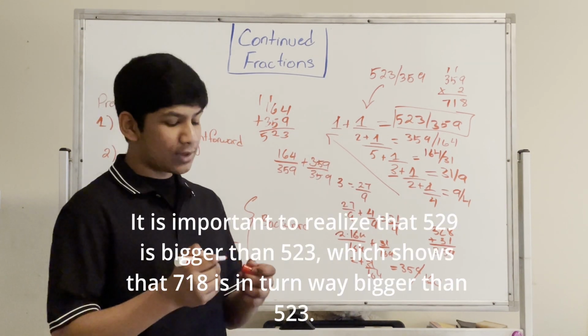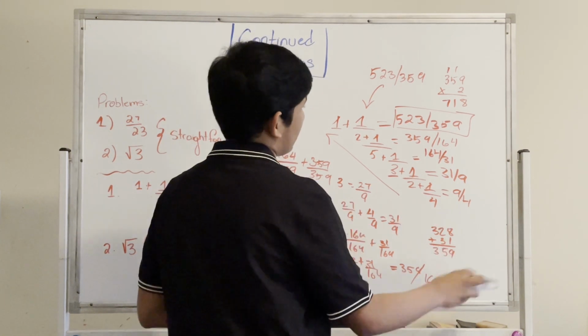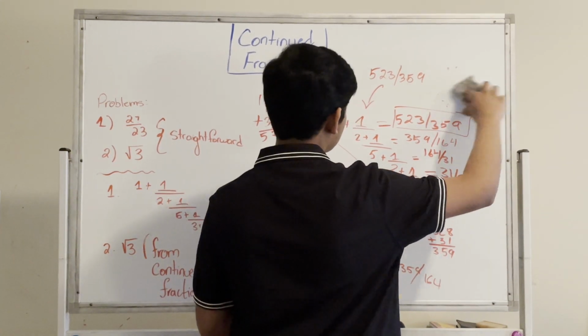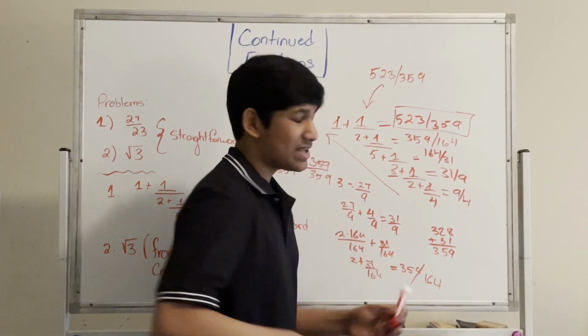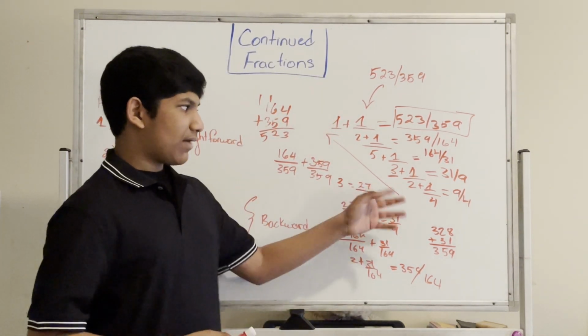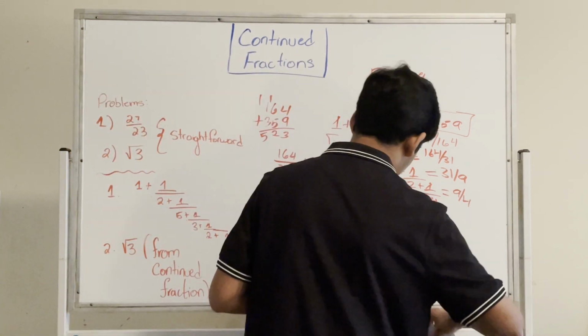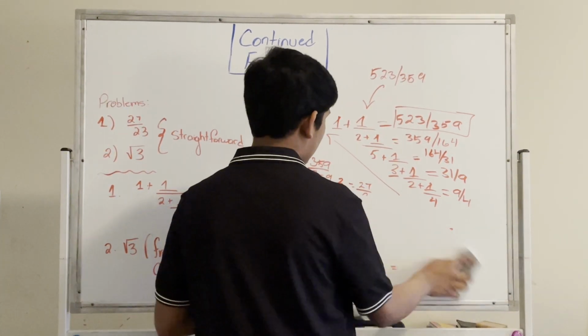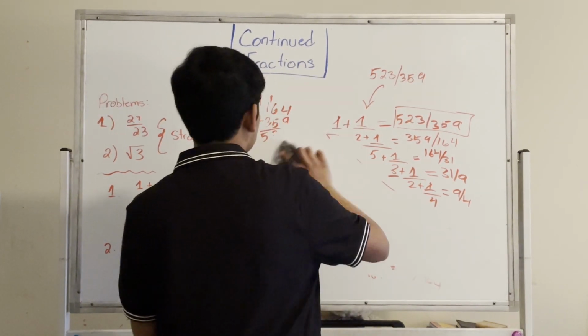So this is probably 1 point and 1 point some numbers. So as you can see, it involves big numbers, but the decimal format of this fraction isn't that big. Okay, now that we've talked about that, let's move on to the second problem. So the answer to this problem is 523 over 359.